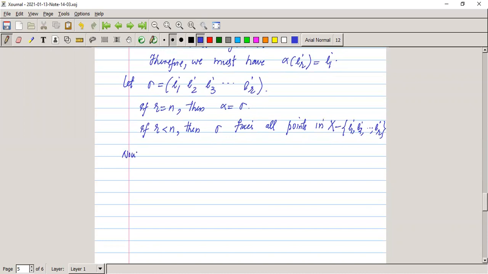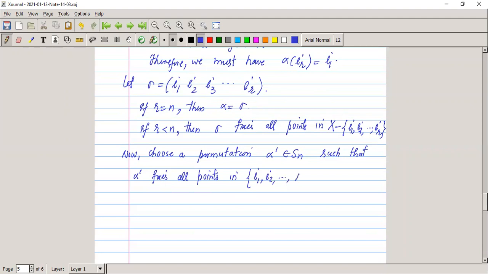Now we choose a permutation alpha dash belonging to Sn such that alpha dash fixes all points in the set I1, I2, up to IR and agrees with alpha on the set X minus I1, I2, and so on up to IR.